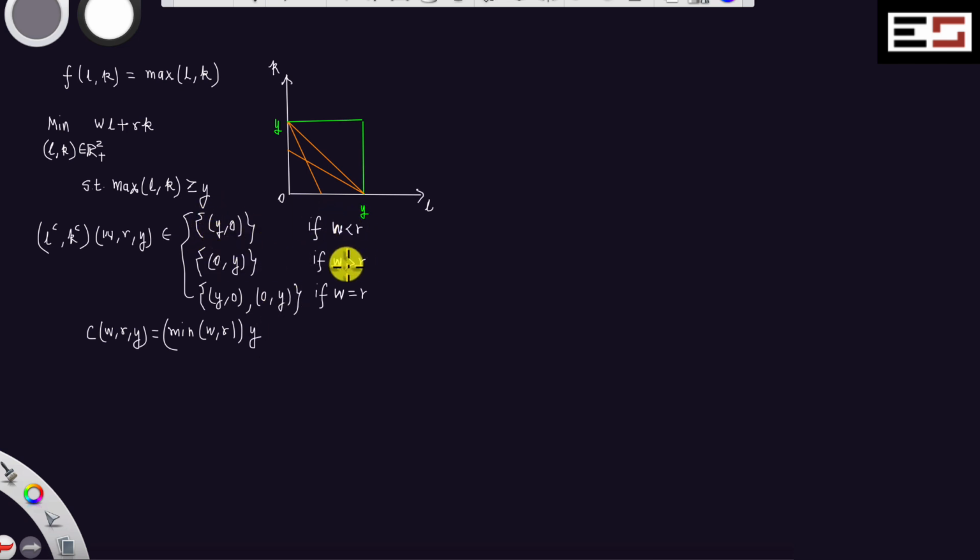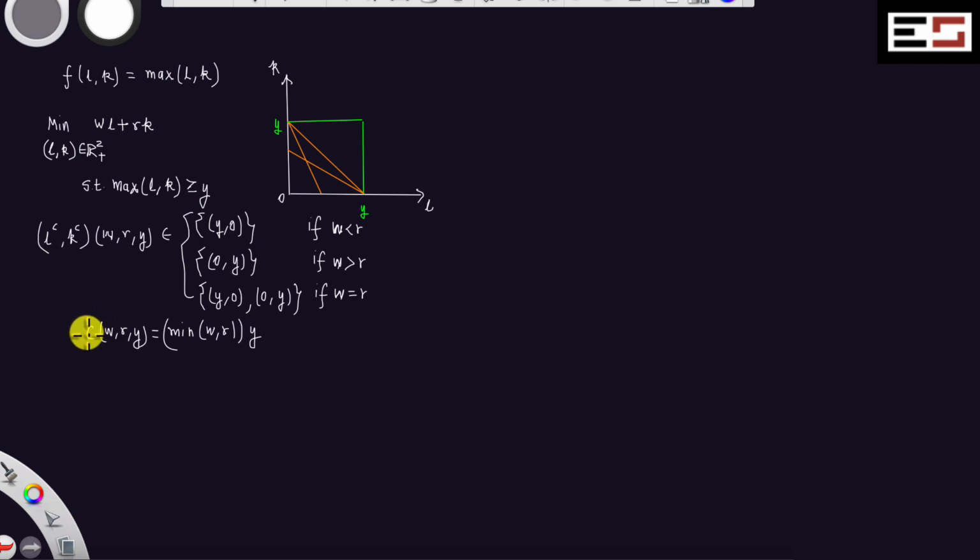And when R is less than W, then you'll employ y units of capital, and therefore the cost will be Ry. So it is the smaller of the wage or the rental rate which is going to be the marginal cost, multiplied by the output y.